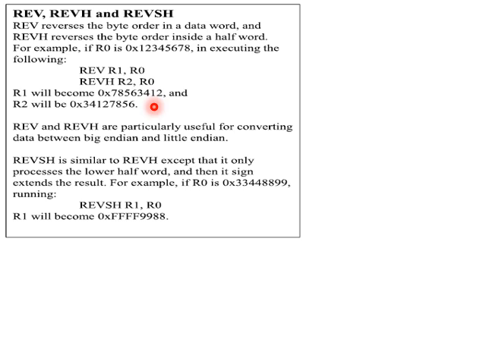If you check it more clearly, what is the content of R0? It is 12345678. After passing it through REV, that value is stored in R1. So what will be the R1 value? It will reverse the byte order in a data word, correct?